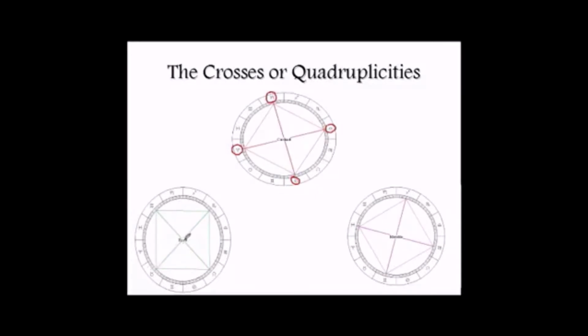Then we have the fixed signs: Taurus, Leo, Scorpio, and Aquarius. Like the word fixed implies, they hold on to things.